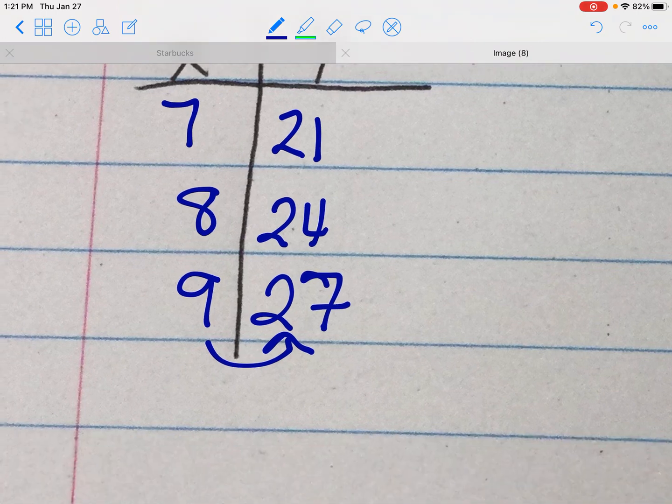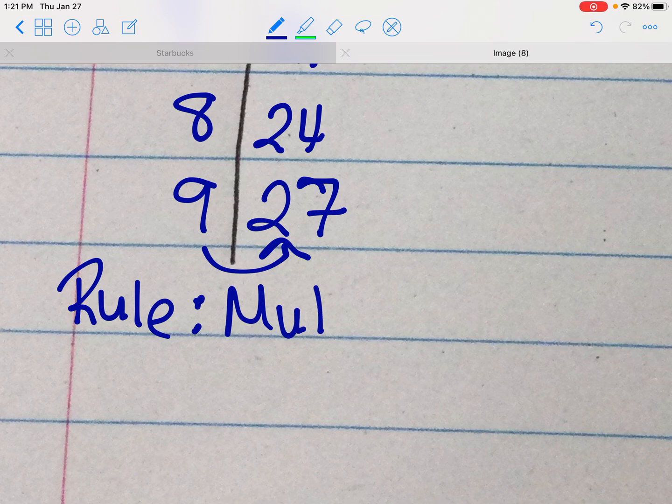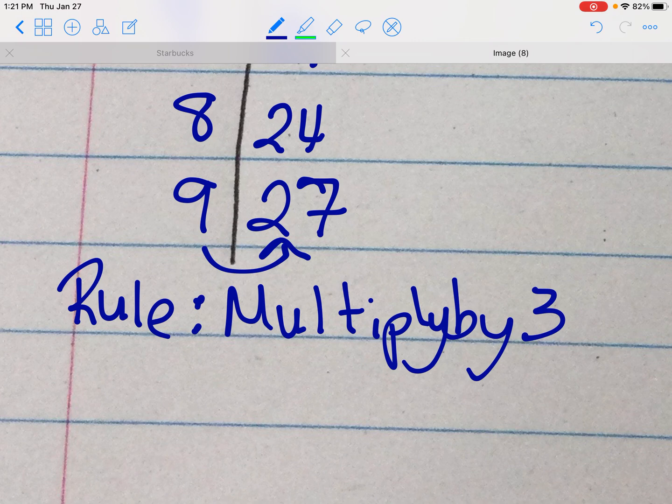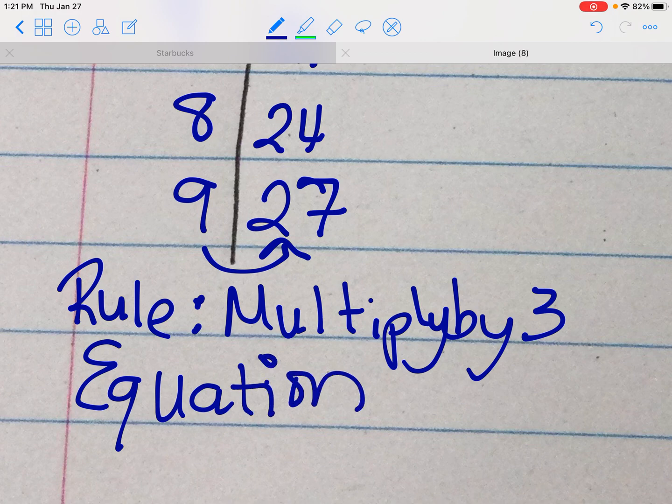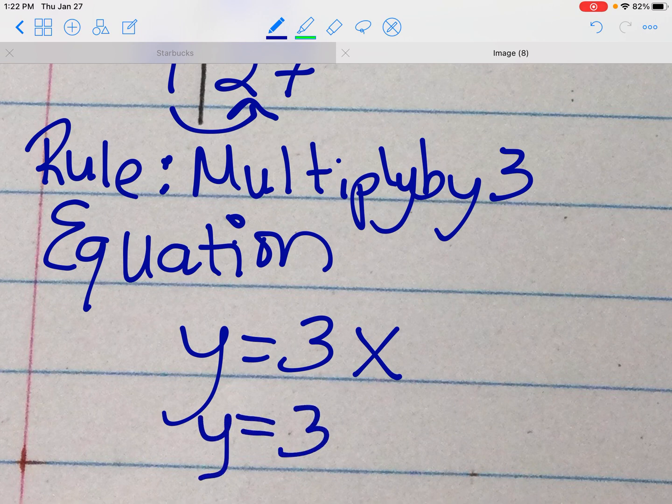So here, my rule is I'm going to multiply by 3. That's the rule. My equation is y equals 3x. Now, when we multiply a variable times a number, we just squish them together. Sometimes you might see them written like this, 3 dot to mean multiplication x.